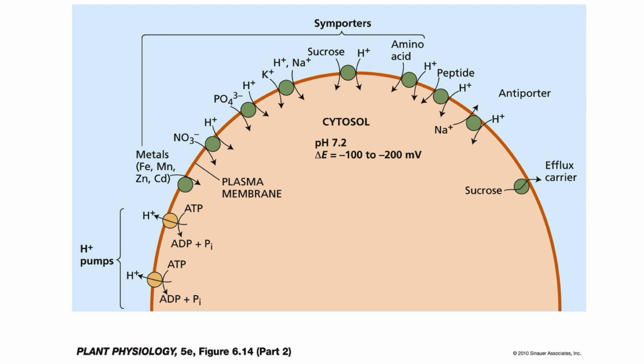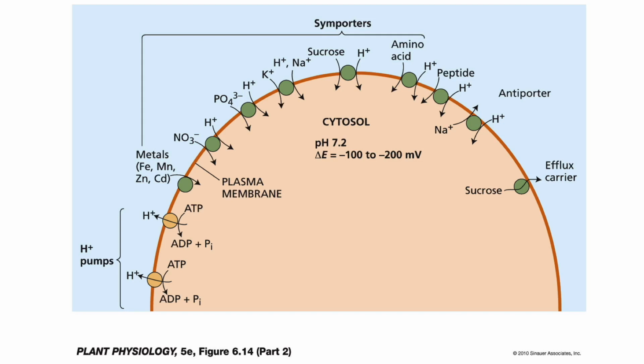In some cases, we've identified a sodium-potassium symporter that also could use protons instead of sodium to drive potassium uptake. And we know that there's another symporter that is using protons that drives sucrose absorption into the cell from the apoplast. We'll learn more about that when we talk about phloem transport.